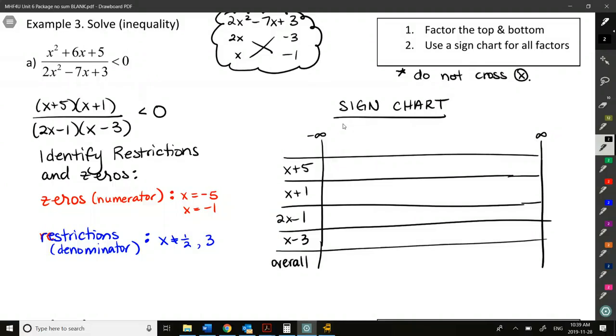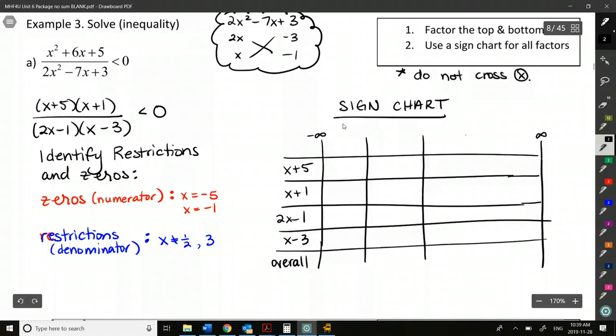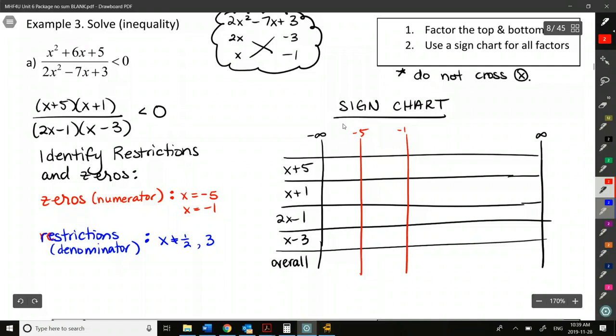So those are also important areas of my function. I have 4 x's that I want to put up here. Maybe I'll do these in their colors. So I have -5 and -1, those are x-intercepts. And then I have half and I have 3, those are restrictions.